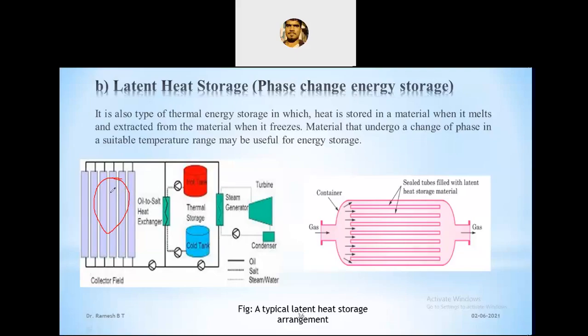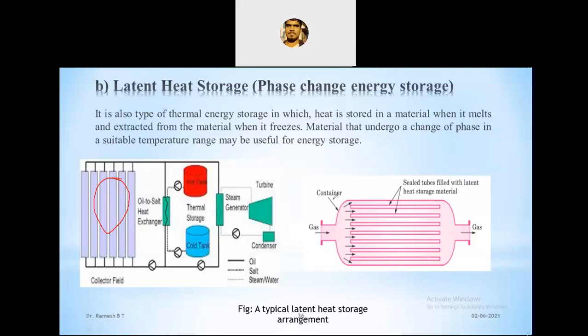By absorbing heat it becomes a hot substance, then it is stored in the hot tank. So the hot tank is the thermal storage. That stored heat we can use for generating electricity or any other useful purpose.